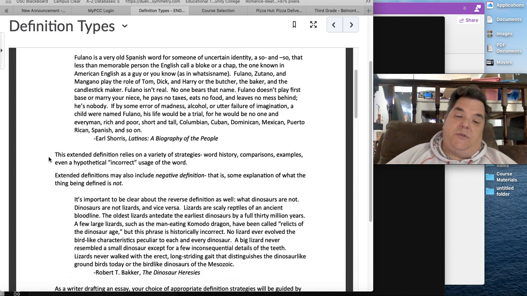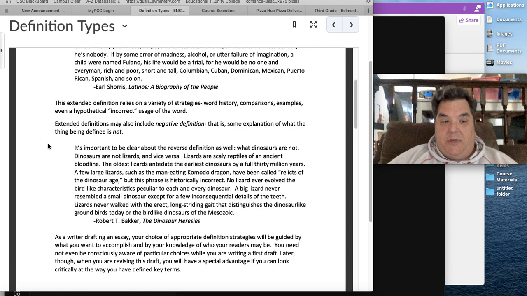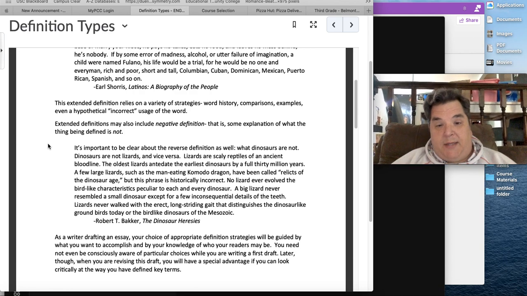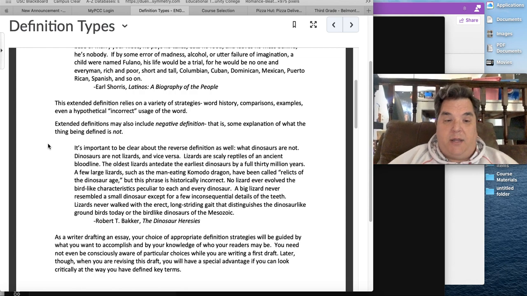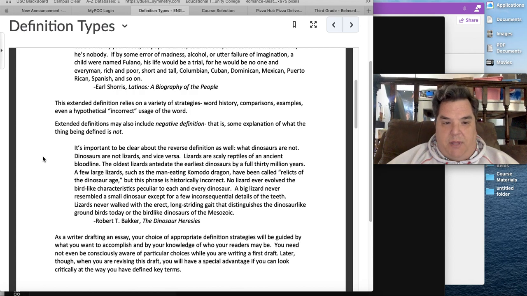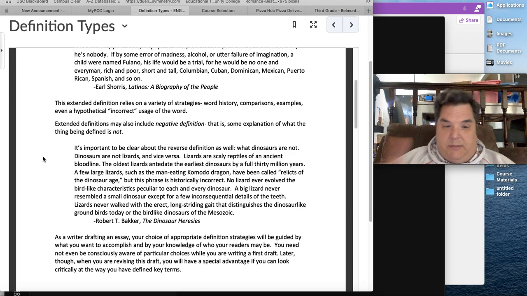There are other ways to do that too, like a negative definition, where you explain what the definition is not. For example, in this one, it's important to be clear about the reverse definition, what dinosaurs are not. Dinosaurs are not lizards, and vice versa. Lizards are scaly reptiles of an ancient bloodline, and so on. But a dinosaur is XYZ.